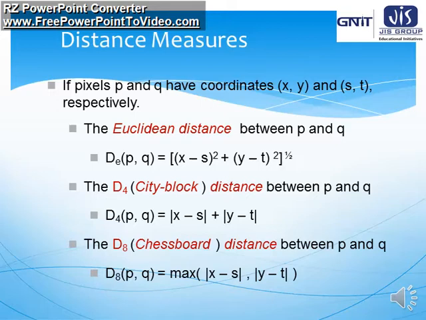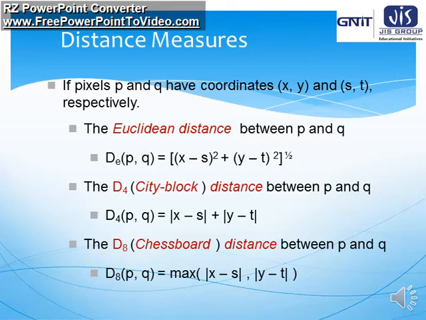Here (x, y) is the coordinate or positional information of the first pixel P, and (s, t) is the positional information of the second pixel Q. To calculate the D4 or city block distance between P and Q, we use the equation D4(P, Q) = |x - s| + |y - t|. This is the formula by which we can find the D4 distance.